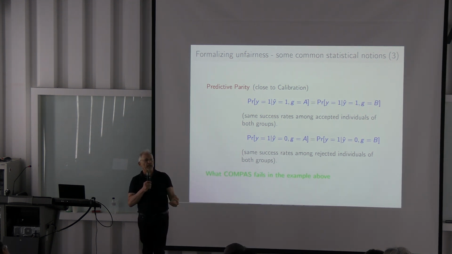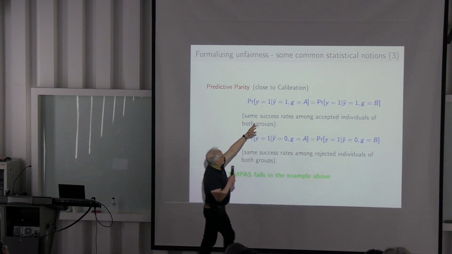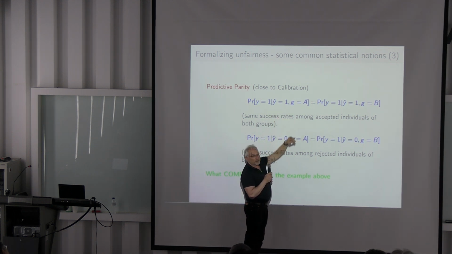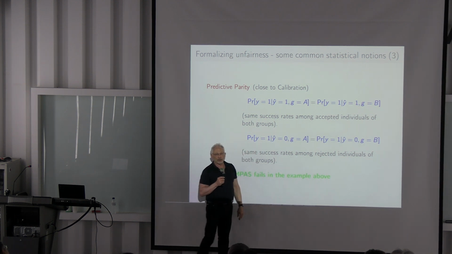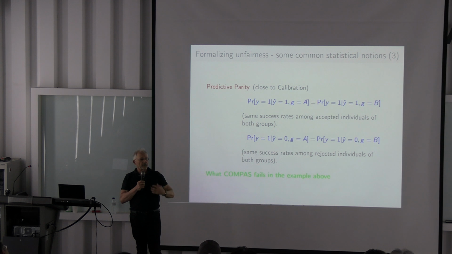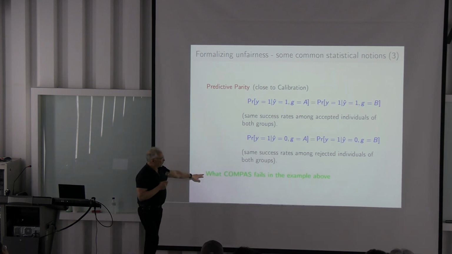But now I look at those that I accepted, and ask which percentage of them were really successful. And I want that to be the same in both groups. This also sounds very reasonable. I look at those that got the loan, and then I see what percentage of them returned the loan among group A and among group B.